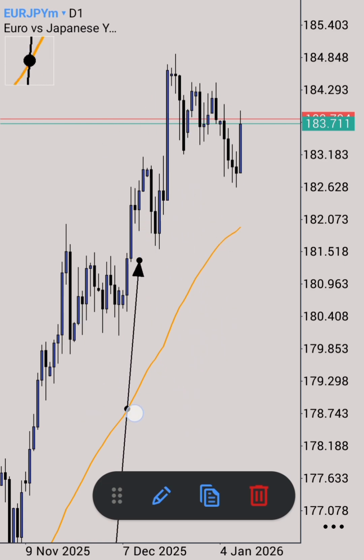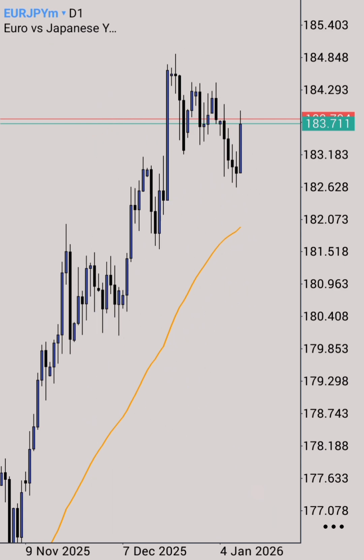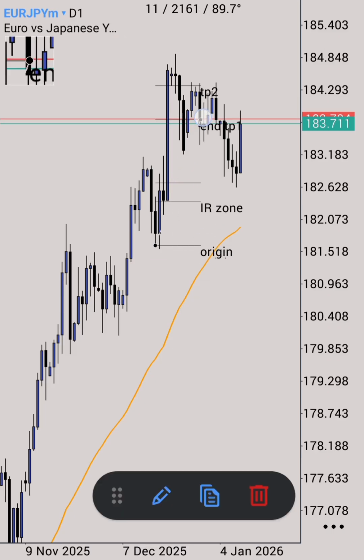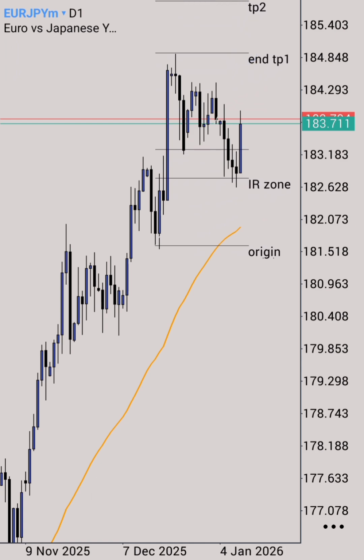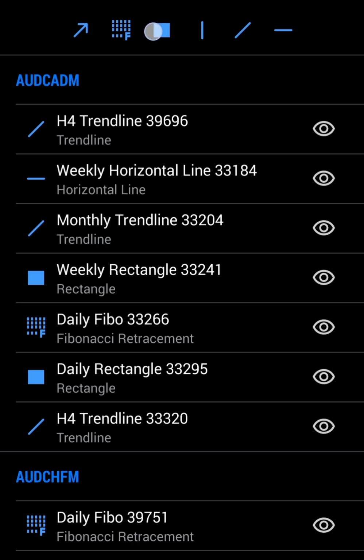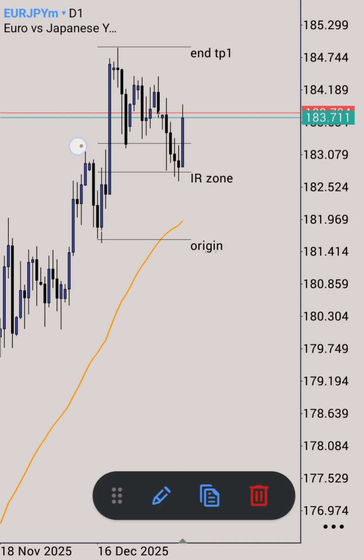So now at this very point, we could bring out our Fibonacci retracement tool, from the origin of the impulse to the end of the impulse, right? We have that. Now we could draw our area of interest.